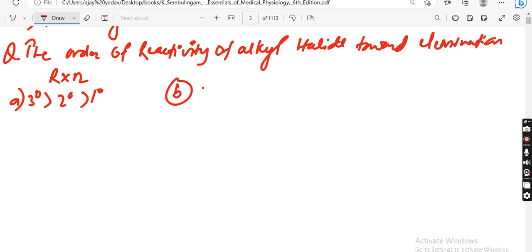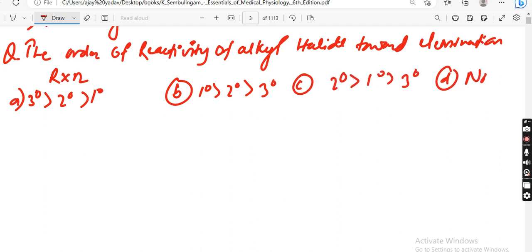Another option: first degree greater than second degree greater than third degree. Another: second degree greater than first degree, third degree not. So the option is this one. Elimination also follows the same order as our SN2, right? Third degree, second degree, then first degree.